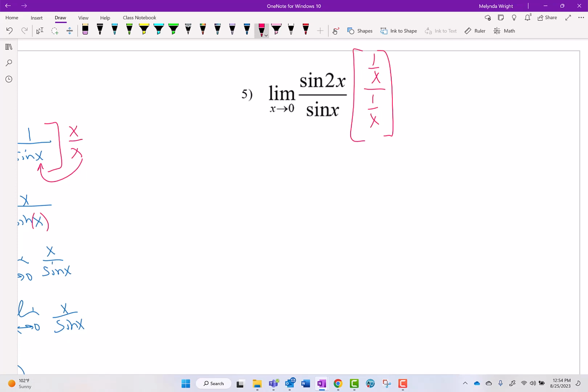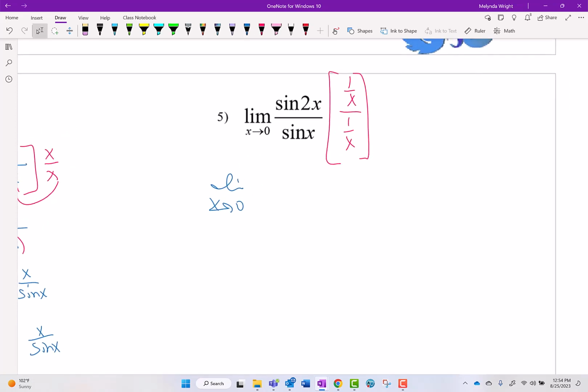But we'll do it this way, because I'm trying to use the special limits. And actually, just for fun, maybe I'll do it the other way also. Wouldn't that be fun? Okay, I know y'all are like, please stop. Okay, so here we go.